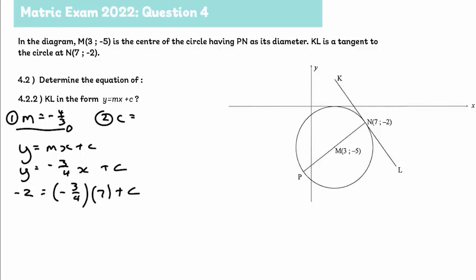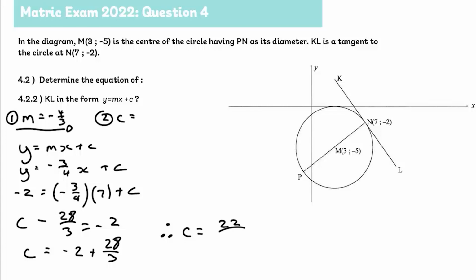And now if you work out that equation, c minus 28 over 3 is equal to minus 2. c will equal minus 2 plus 28 over 3. Therefore, c is equal to 22 over 3.